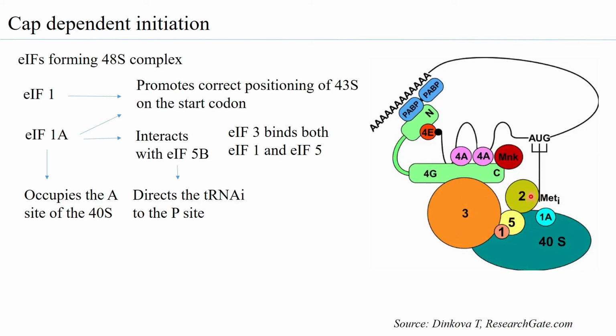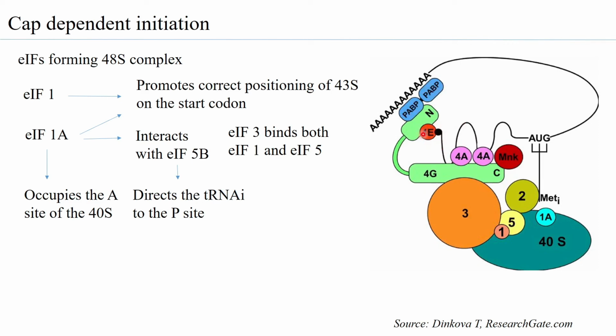So this is how it is. You can see that this is the ternary complex with the anticodon binding to the AUG. The 5' cap of this mRNA is bound to eIF4E. You will find eIF4A resolving secondary structures of the RNA, and you can see how eIF4G is able to bind to eIF3, it is able to bind to RNA, and it is also able to bind to the poly A binding proteins.